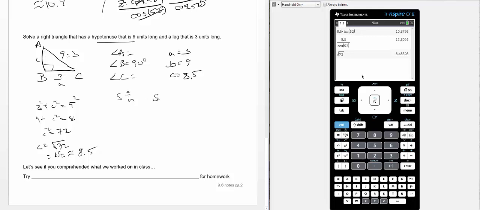So the sine of angle A is equal to opposite over hypotenuse, 3 over 9. And as we saw in the previous video, I want to find out what angle A is. I'm going to undo the sine with its inverse function. So I'll do the inverse of both sides, which tells me that angle A is the inverse sine of 3 over 9.